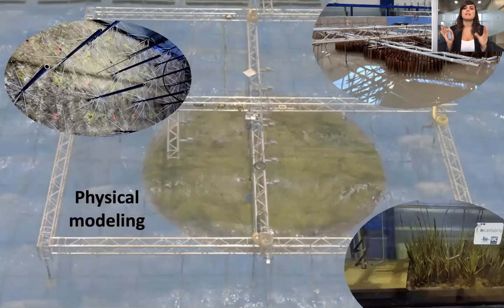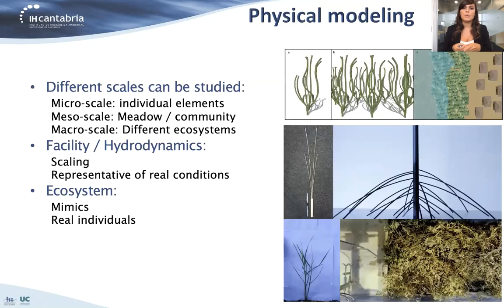So with this general picture of both approaches, I'm going to start with a brief description of some important aspects that should be considered in physical modeling. We can use physical modeling to study different processes at different scales, from tests run with one individual in turbulent processes, to cases where a whole community is considered, and then we have to leave the lab and move into the field.